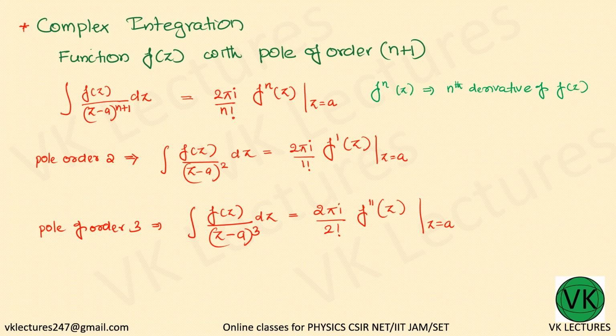Now if you want to find the integral of f of z divided by z minus a into dz, this is equal to, as we have seen so far, 2 pi i into f of z at z equal to a. There is no derivative here. This is the function as it is, closed integral.